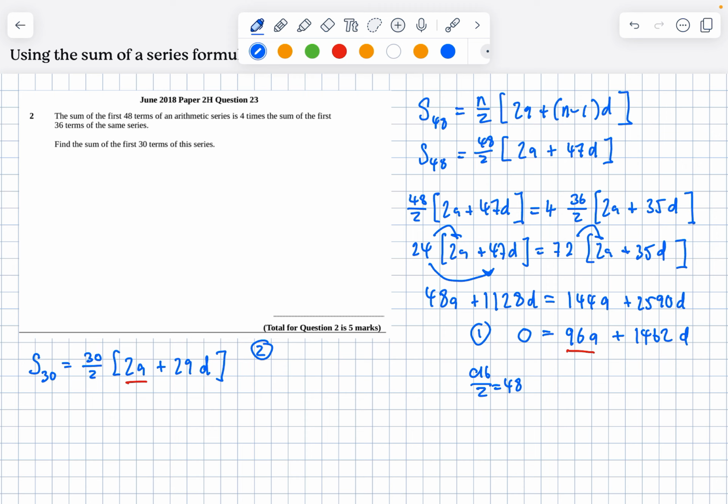Oh, hang on, I've got to change this, sorry. This should be 2,520, and that should be 1392. So if I divide 1392 by 48, that gives me 29.